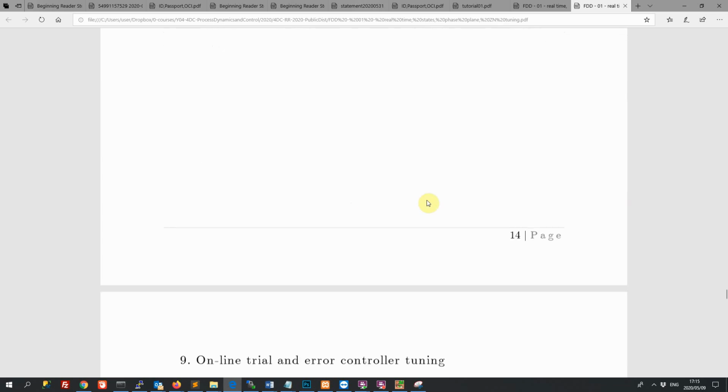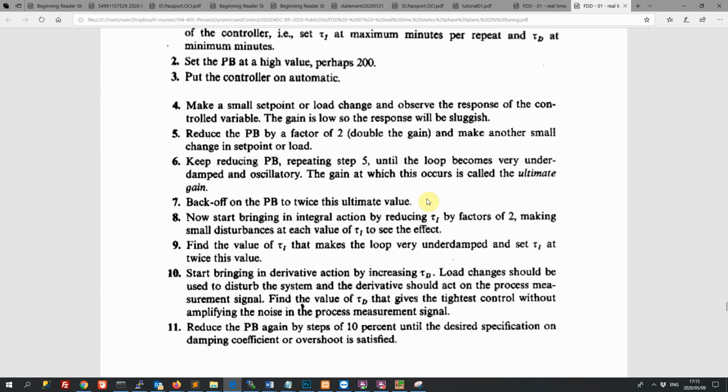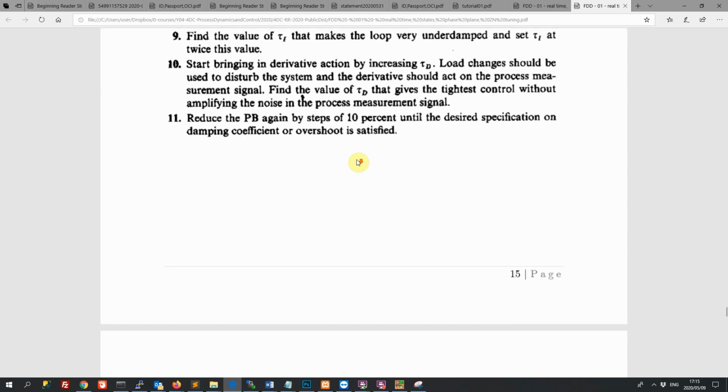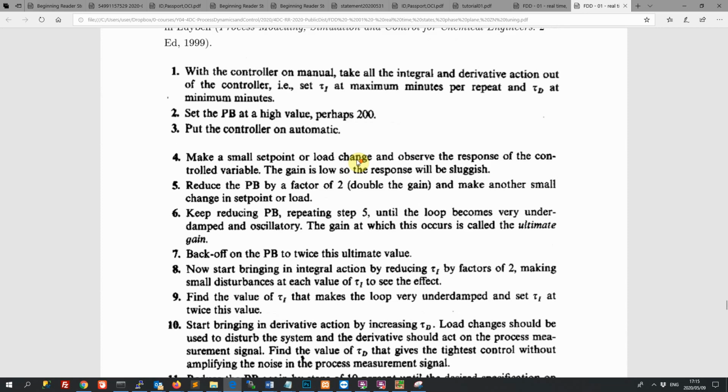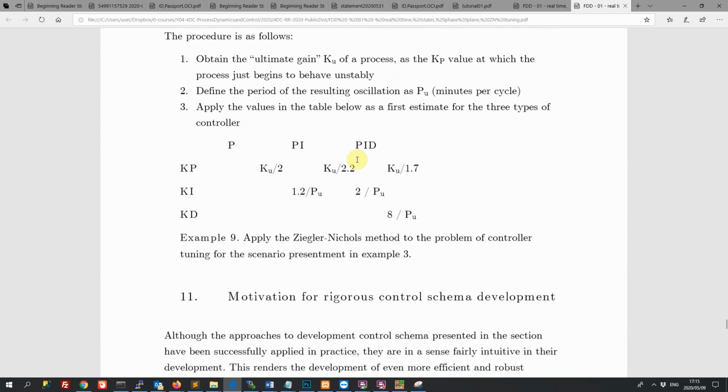So you can look at that example. So in the first part of the course, you've done the Ziegler-Nichols tuning, and there is the suggested recipe for accomplishing control for tuning those parameters. So that's all there. So Ziegler-Nichols tuning, you can read about that, but you've done it in detail in the first part of the course.